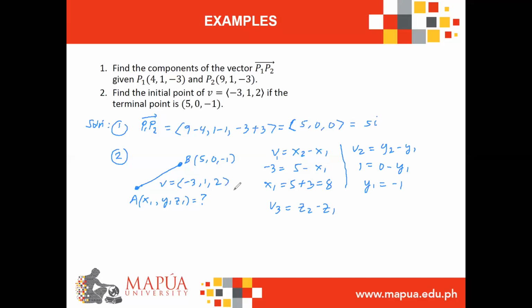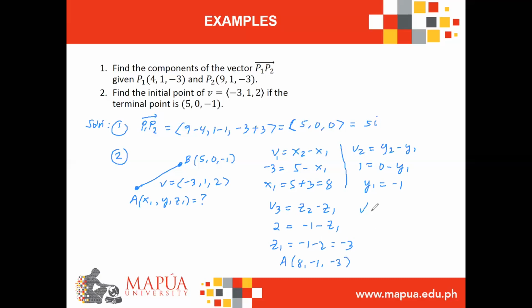And v3 equals 2, z2 is negative 1, then minus z1. Transposing now negative z1, this will be positive z1 equals negative 1 minus 2, that is equal to negative 3. Therefore, the initial point has x1 equal to 8, y1 equal to negative 1, and z1 equal to negative 3.